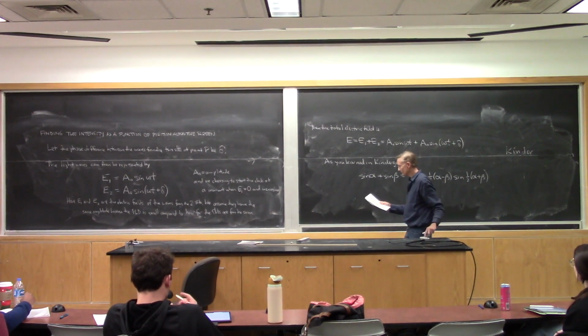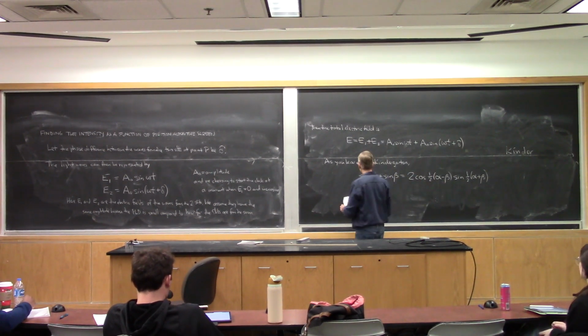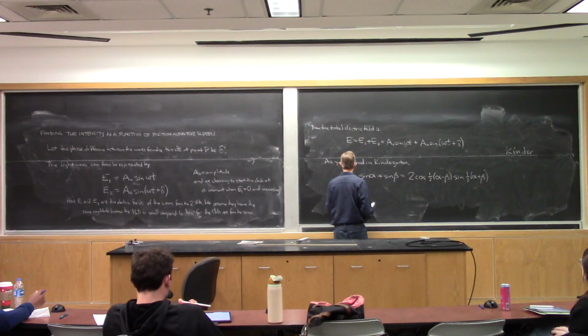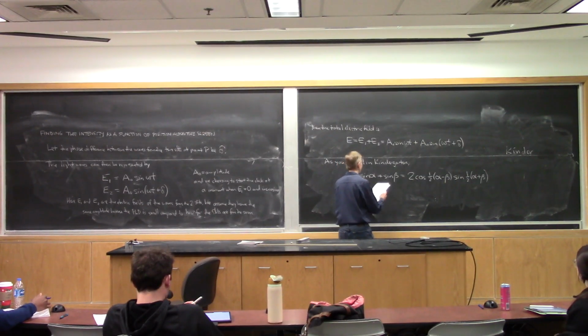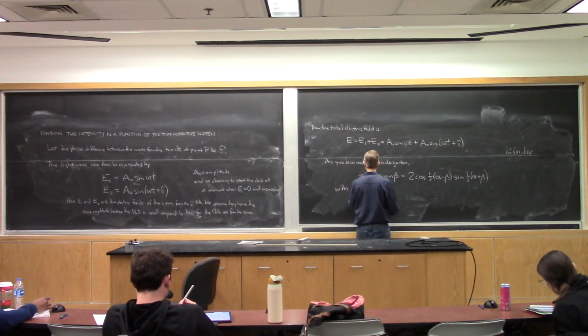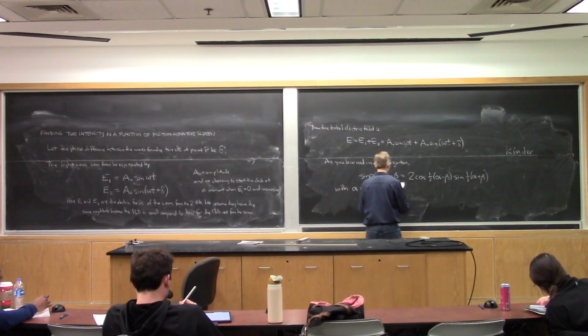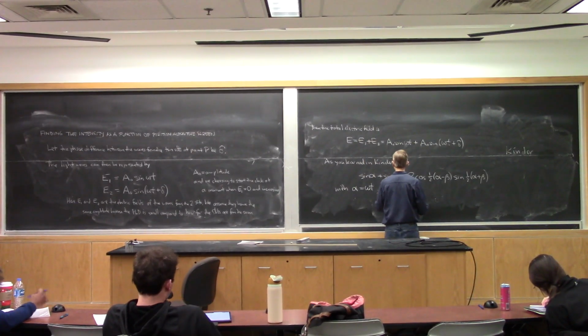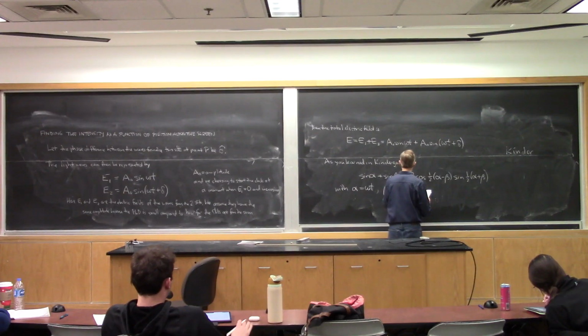Okay, so we're using our kindergarten trig identity, and here we'll have alpha being omega t, and beta being omega t plus delta.